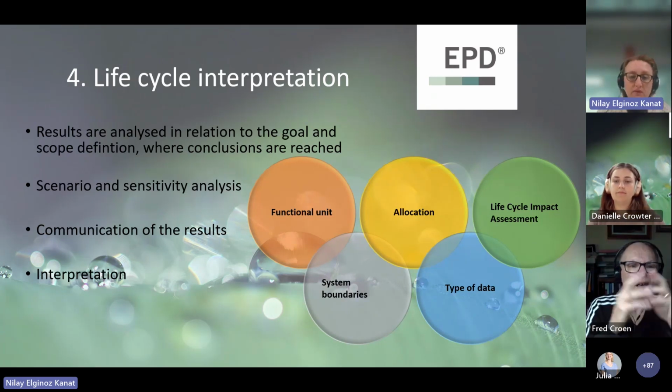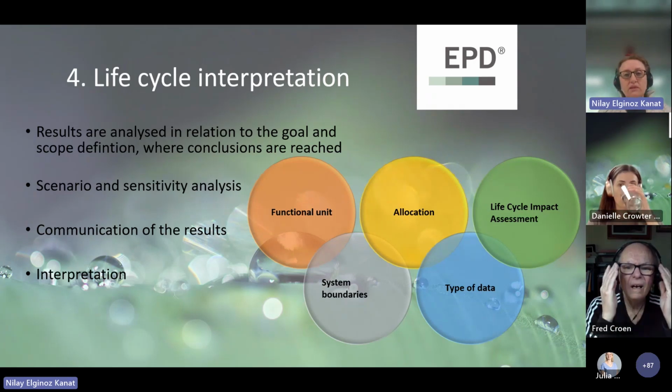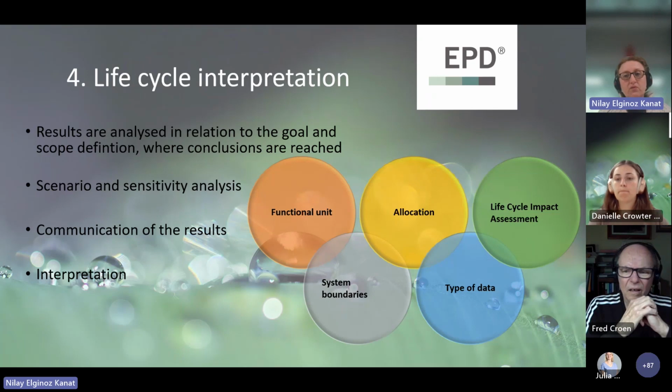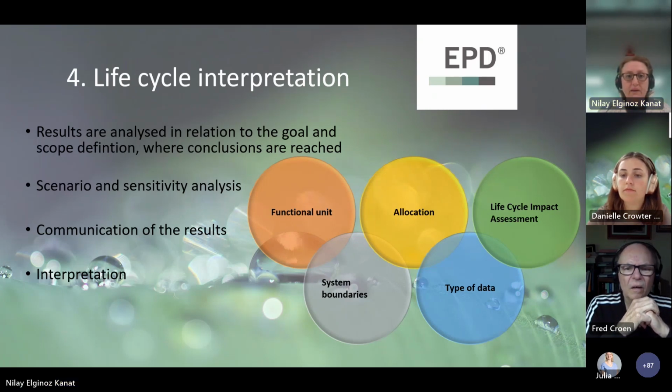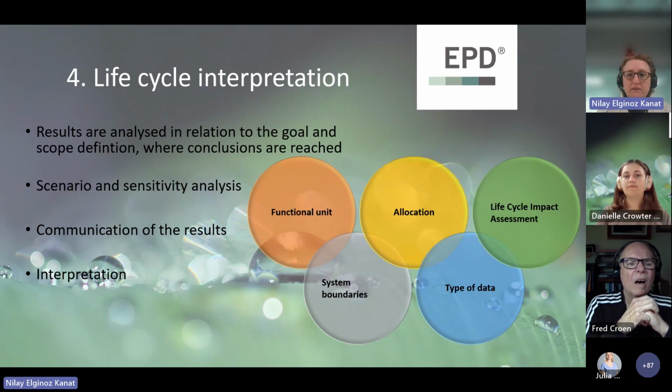And if you have the results also for the 9 kilograms, then you will see how your assumption affects your impact category results. And then you communicate your results, and maybe you propose some process enhancement in some of the processes that you see the impacts are coming from. Yeah, and I think this is all.